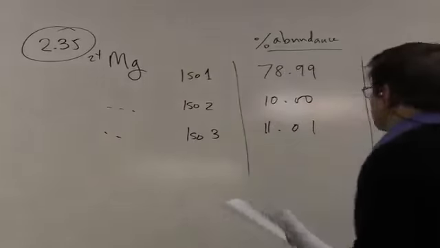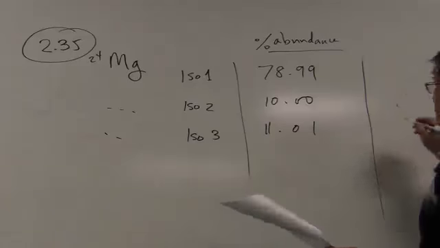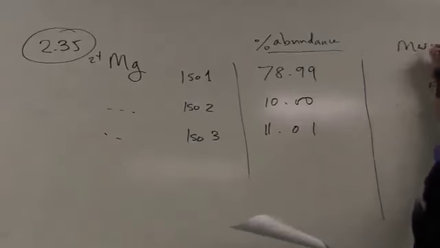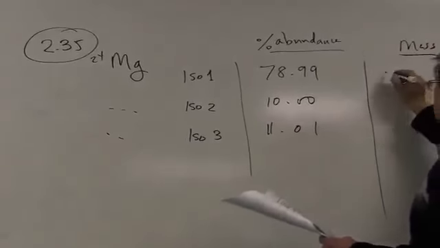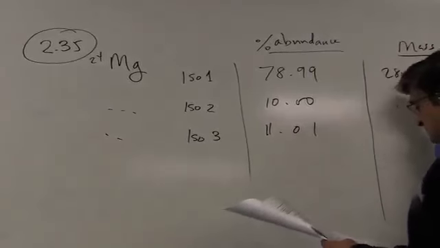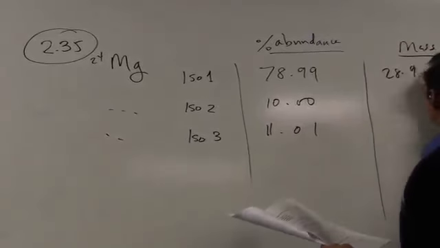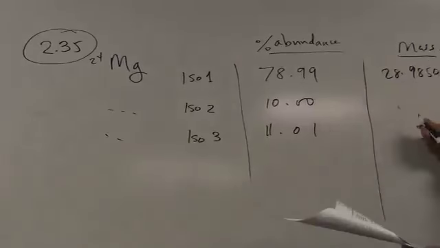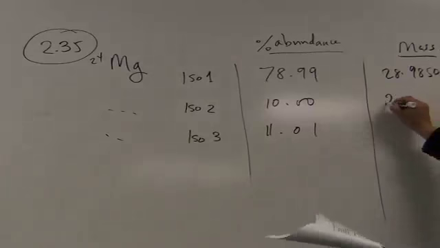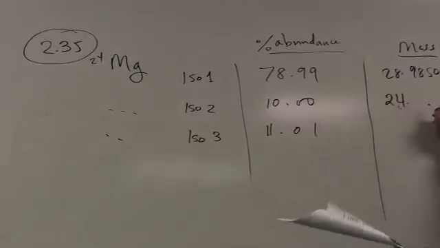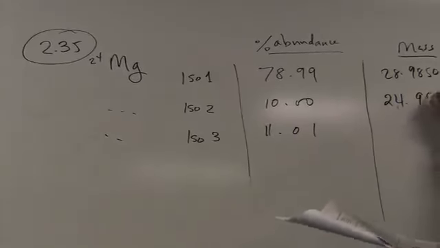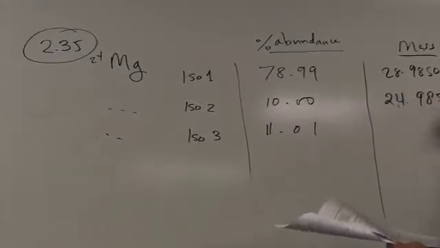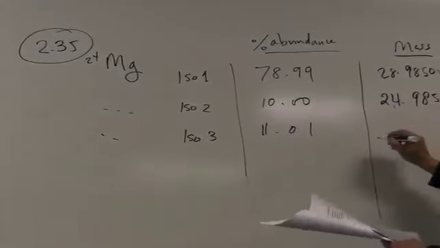These are the percent abundance in nature, and masses given are 28.98504. If I make a mistake, make sure you do the right thing, because when I'm doing this on the board, I may make a mistake, but make sure at least you know the setup, and then you can do this calculation independently by looking at all these values given in the book.